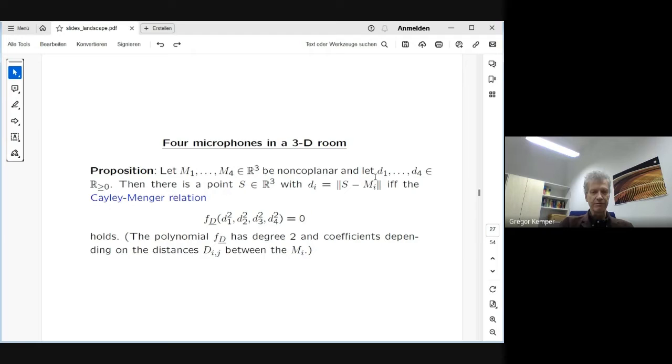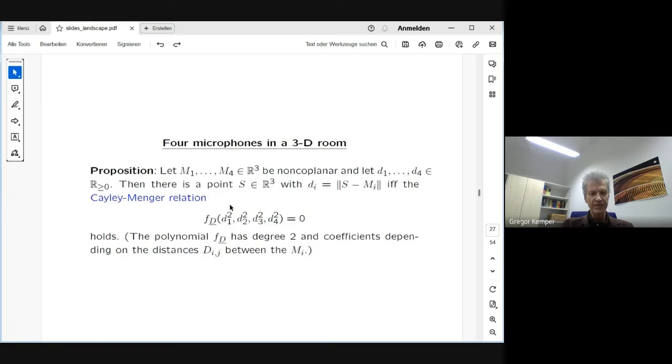And these are, for the proposition, just non-negative real numbers. And as it turns out, they may come from a common source. That is to say, there exists a point such as the mirror point, such that the Di are realizable as the distances of the same point to the microphones, if and only if the Cayley-Menger relation holds.